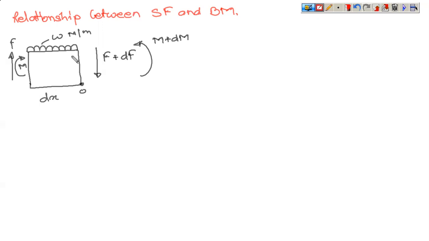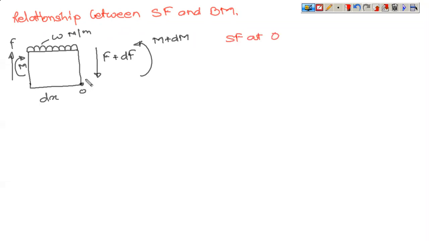So this is an element dx. It is an infinitely small element of a beam of length dx in a state of static equilibrium. So these are all the various forces and moments acting on this beam. So if you find out SF at O, you find out the SF at O means at the last point.